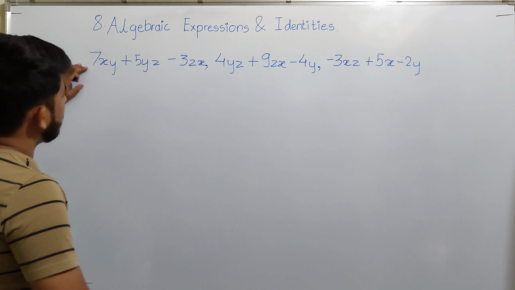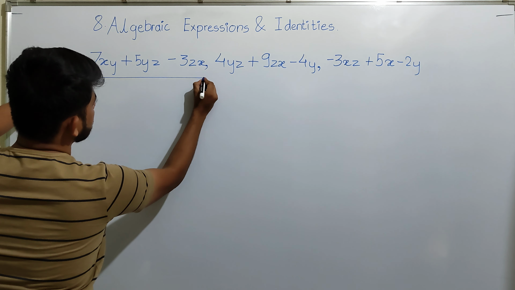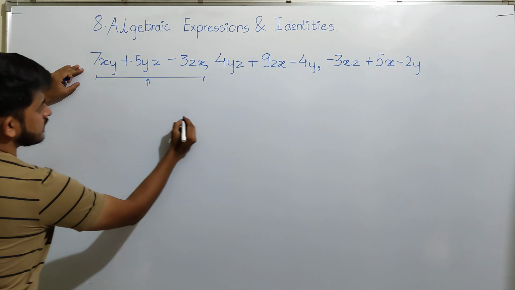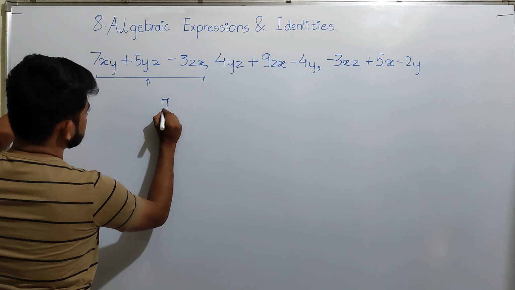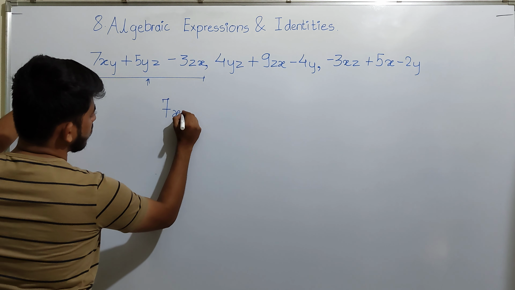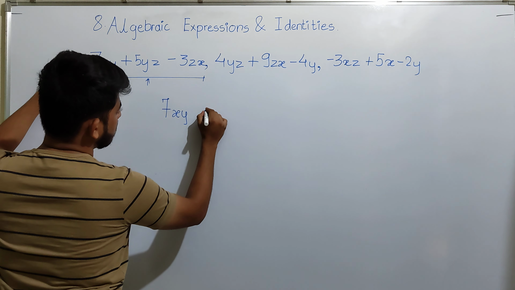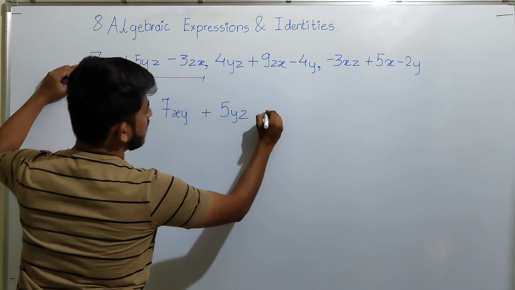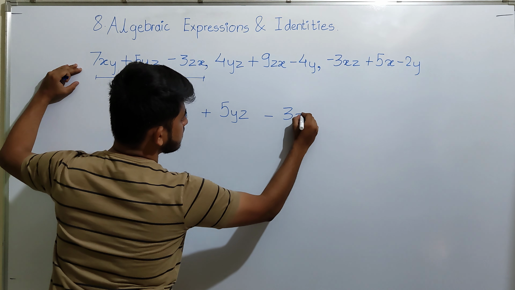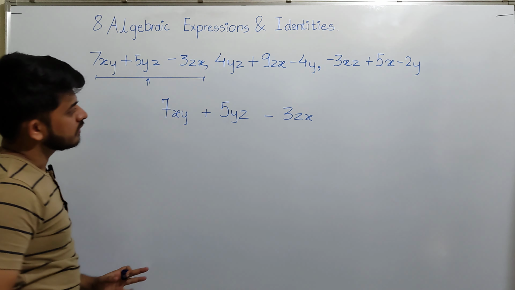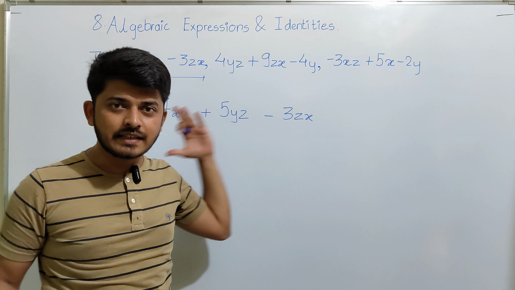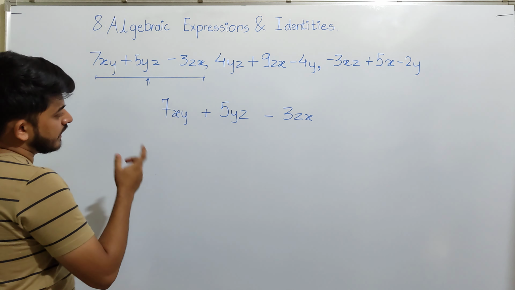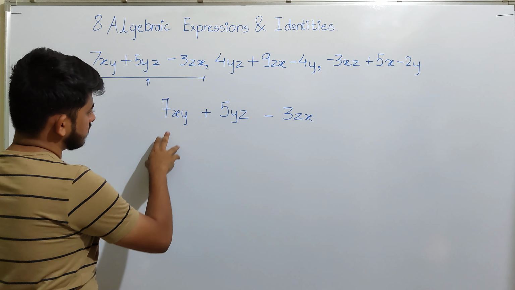So first of all, I'll write this equation over here. See here, 7xy plus 5yz minus 3zx. Now while adding these three equations, take care of the variables.